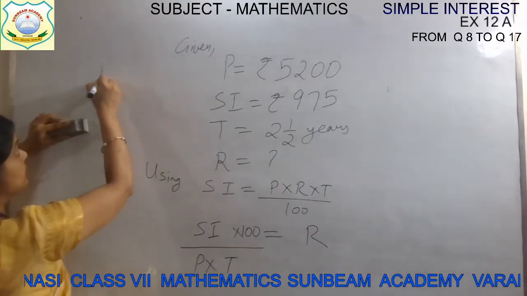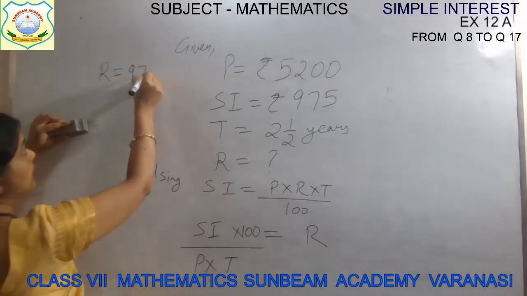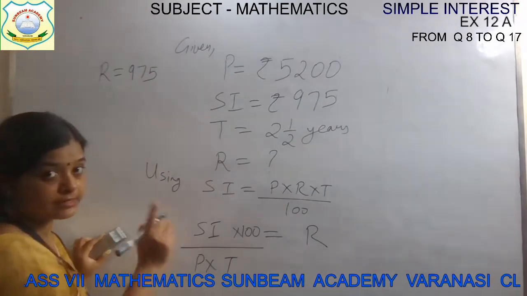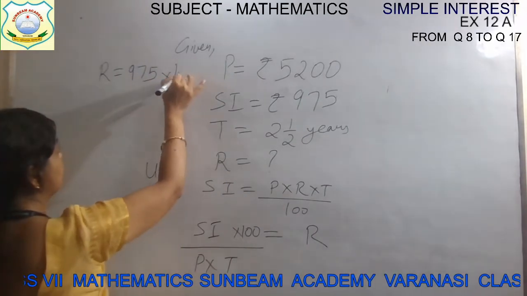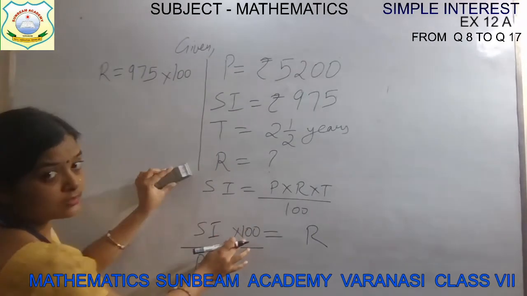So rate is equal to, simple interest is, children, 975 into 100.